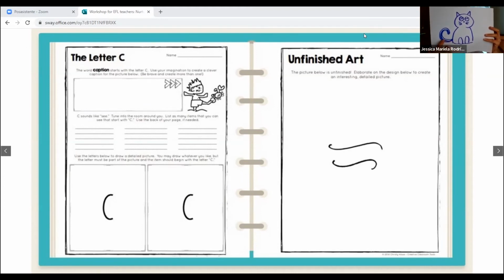And the tail is the letter C. I forgot to write the name. Cat. Can you see it? And the tail is the letter C. What about you? What did you do?